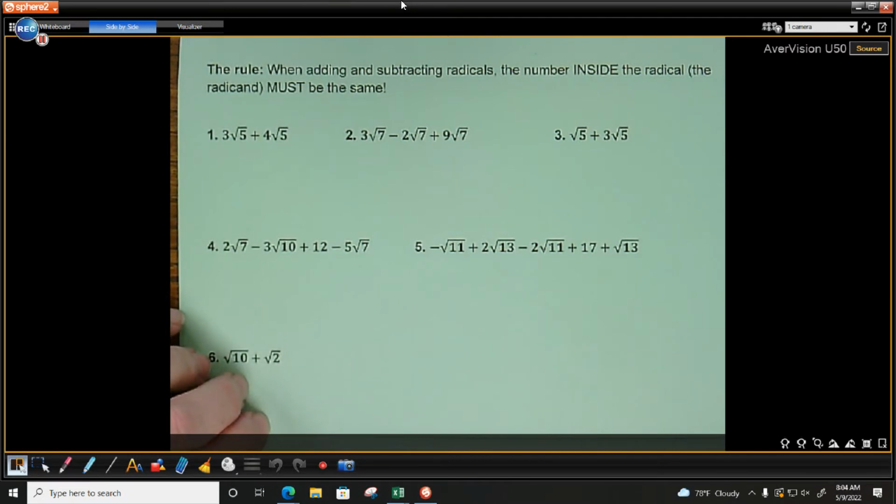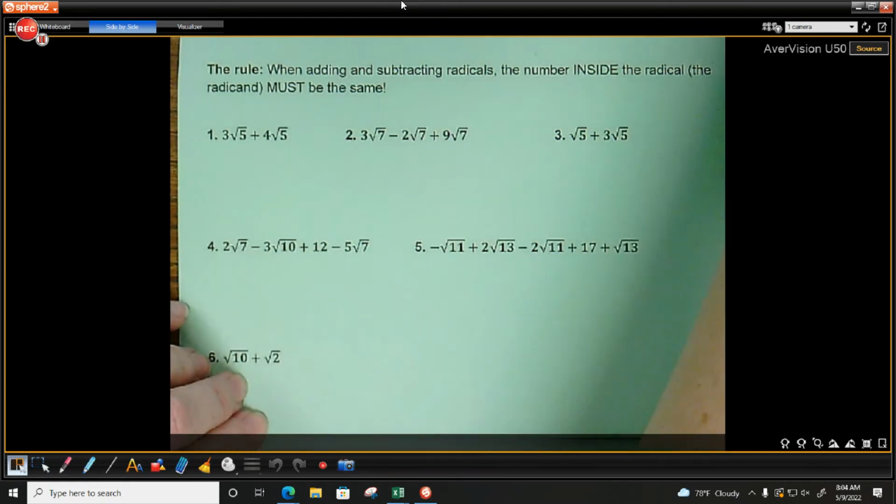You only can combine them if they both have a square root 2 or if they both have a square root 3. Now the tricky part is just because they don't match at the beginning doesn't mean that your radicals won't eventually match. You might have to simplify the radicals, and then once you do that, then the radicals will be the same. Okay? Now, they're going to start out pretty easy, guys.